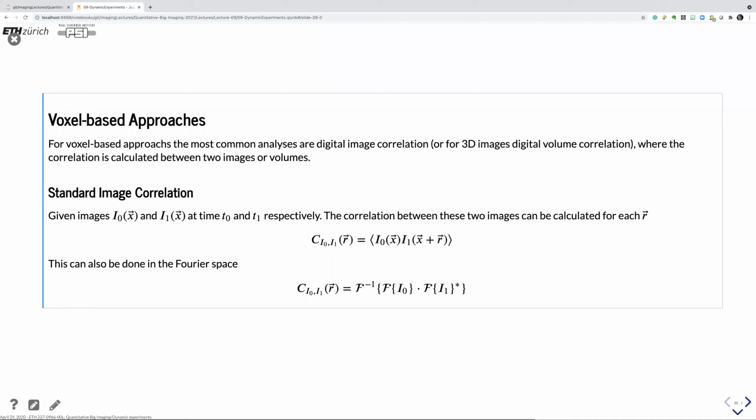You can do correlation in real space, where you have to do a lot of summing for each position, or you can do it in Fourier space. Correlation in Fourier space means you compute the Fourier transform of the first image, multiply it by the complex conjugate of the Fourier transform of the second image, and then do the inverse transform. So these are the two approaches.